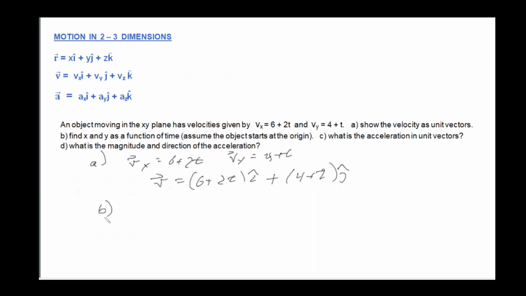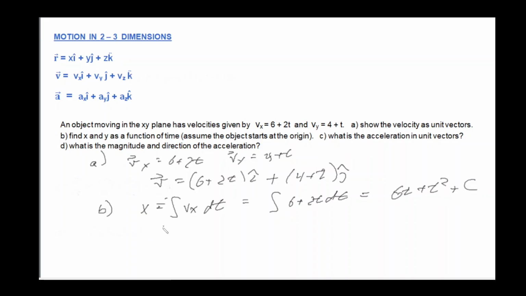For part B, find x and y as a function of time. Well, to find x and y as a function of time, we need to integrate the velocities. So x is equal to the integral of vx dt, which would be the integral of 6 plus 2t dt, which is equal to 6t plus t squared plus a constant.